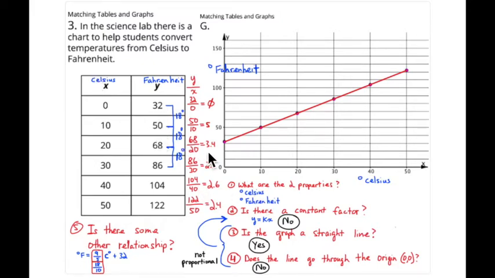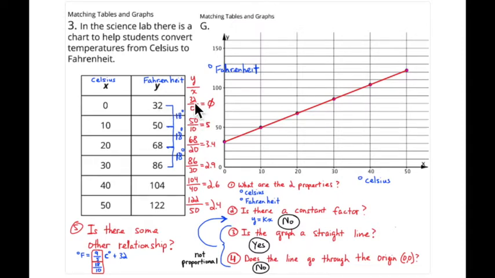All right, so once again, the properties in this problem are degrees Celsius and degrees Fahrenheit. And so then you can look at the ratio or the division of Fahrenheit by Celsius and see if you get a constant of proportionality. And you don't. So the first one is 32 divided by 0.